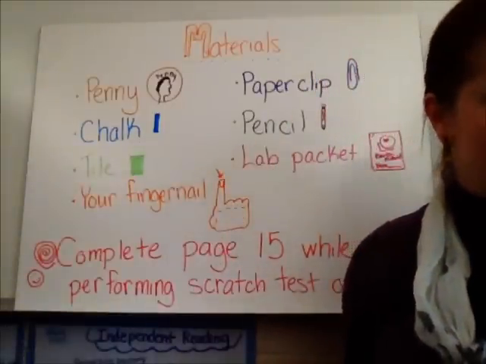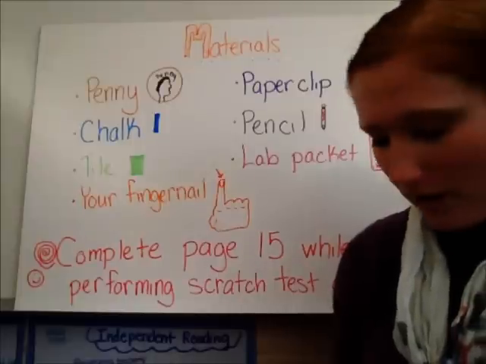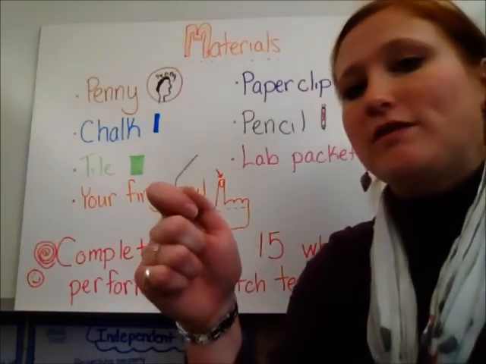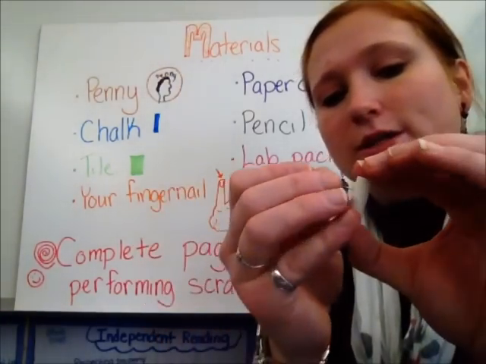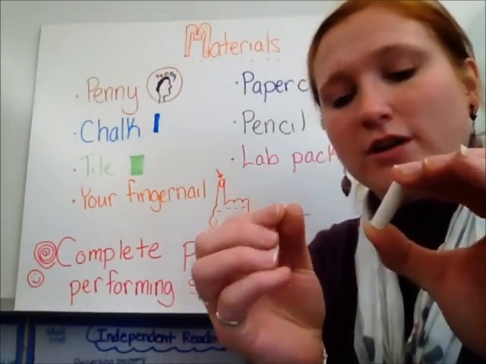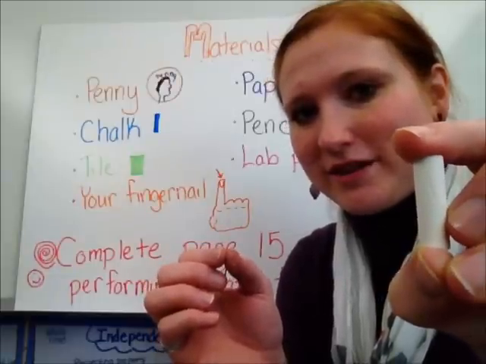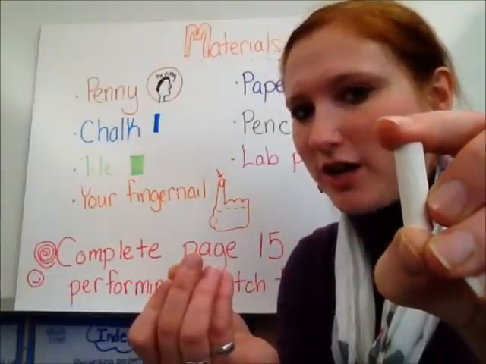So then you're going to go through with all of your tools. So next comes the paper clip. So you have your paper clip and you're going to scratch. Yep, you can see it, friends, what the paper clip did to the chalk.